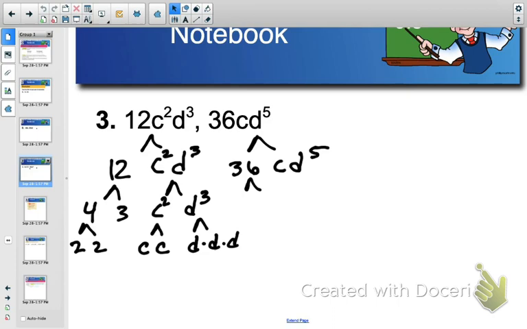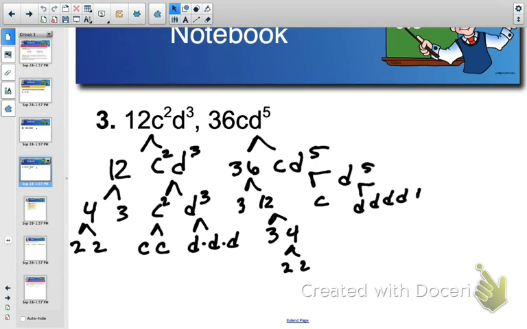Running out of room here. 36 is 3 times 12. 12 is 3 times 4. 4 is 2 times 2. These ones break up into c and d to the fifth, which breaks up to 5 d's: 2, 3, 4, 5.